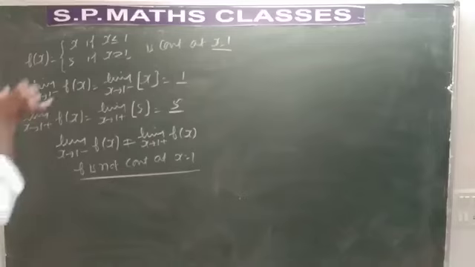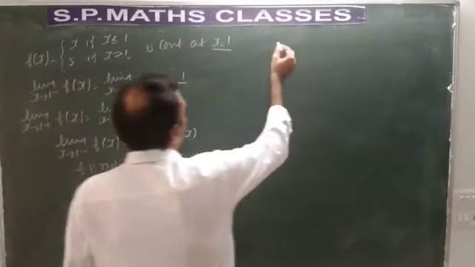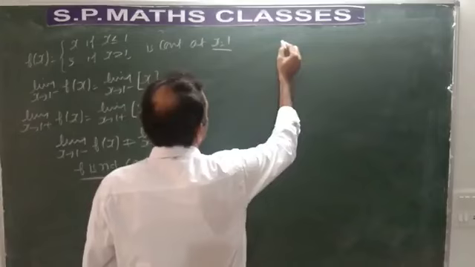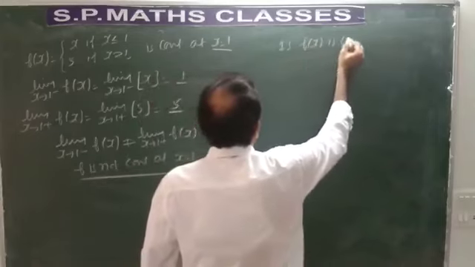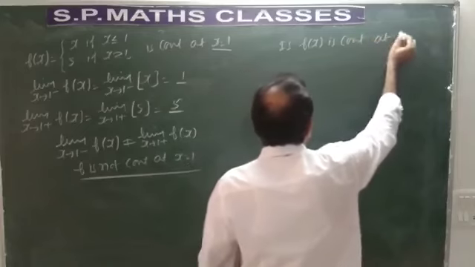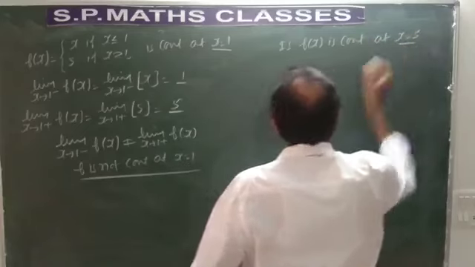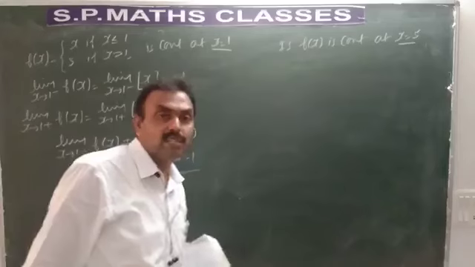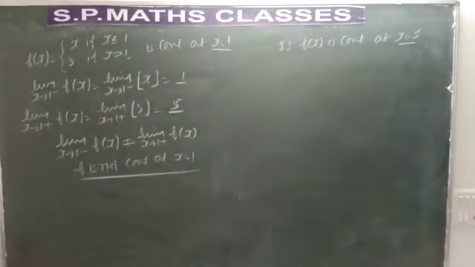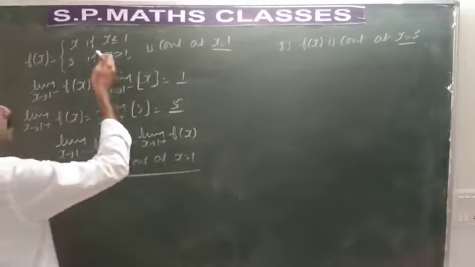Suppose they ask the same problem, is f of x continuous at x equal to 5? See, when they ask you to find the continuity at x equal to 5, left hand limit means 5 minus. Which is the left hand limit now?